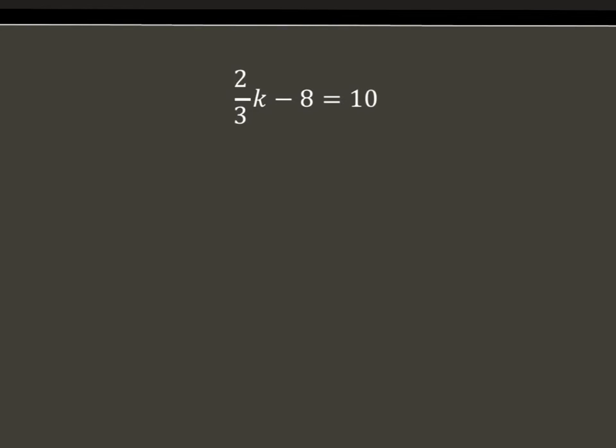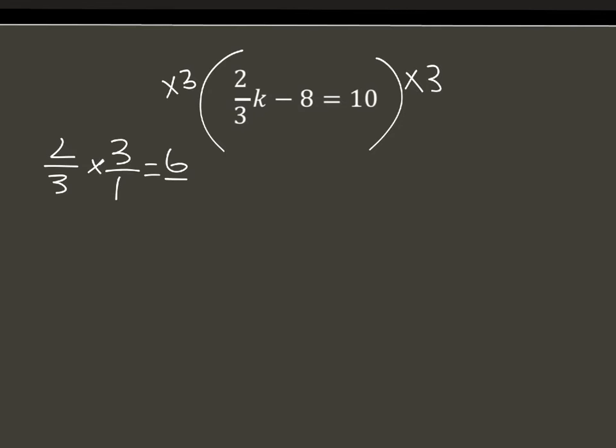Alright guys, this next one, there are multiple ways you can do it. I prefer to clear my fraction. You could also just add 8 to both sides and then divide by 2/3, but I like to not work with fractions. So when I'm doing this, I only have one fraction, so I just look at the denominator there, and if I multiply everything by 3, so 2/3 times 3 over 1 is 6 over 3, which just gives me 2, so I'm left with 2k.